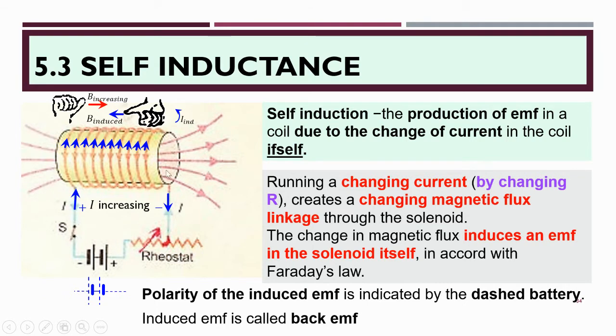So if we change the current in the coil, it creates a changing magnetic flux. This is due to the change in the strength of the magnetic field. So this change in magnetic flux causes induced EMF in the coil itself.